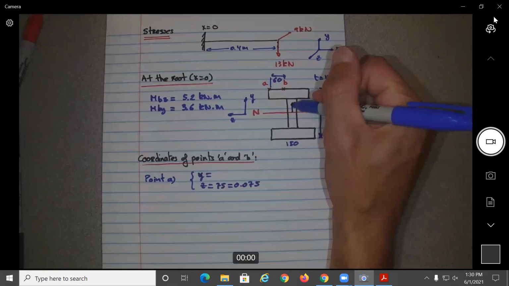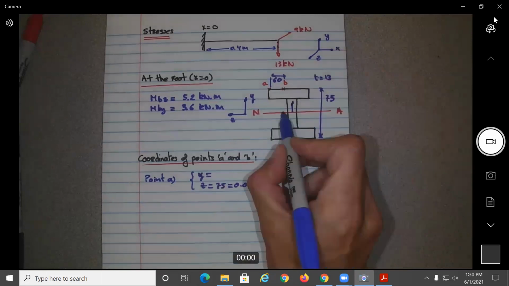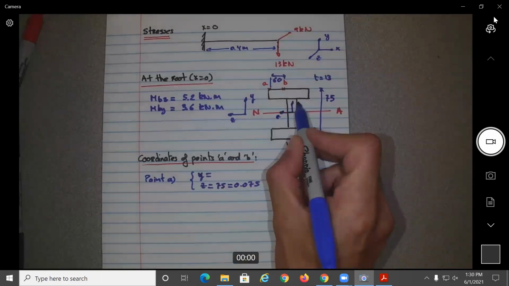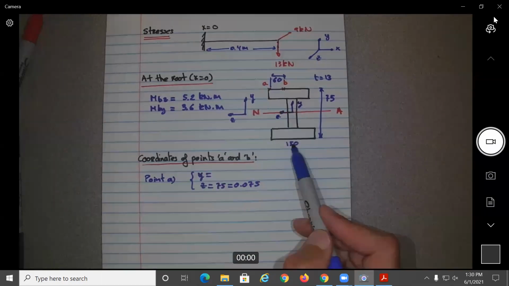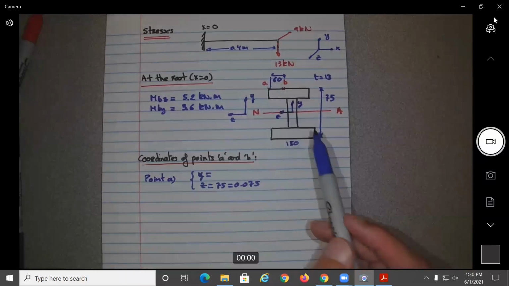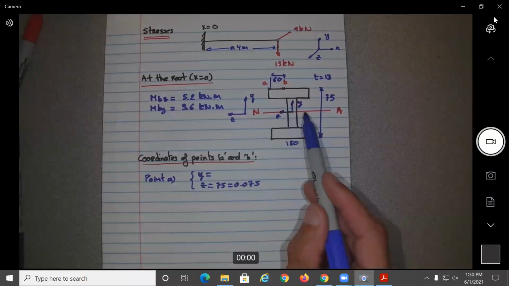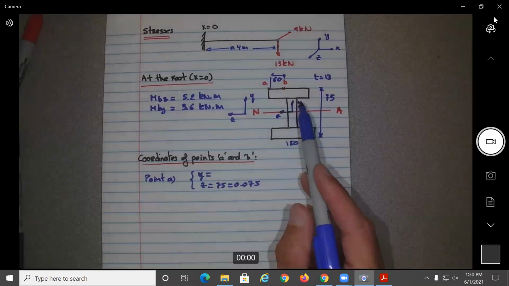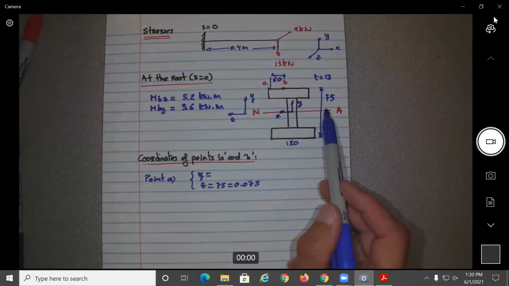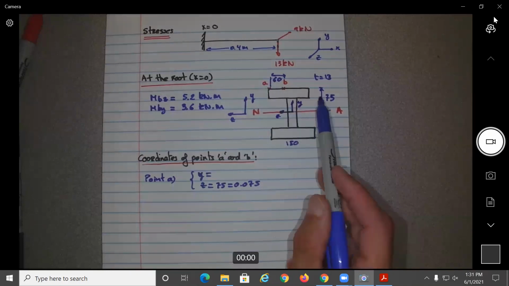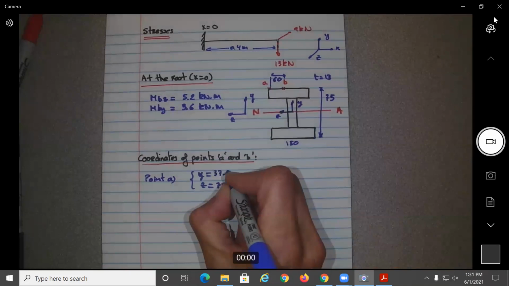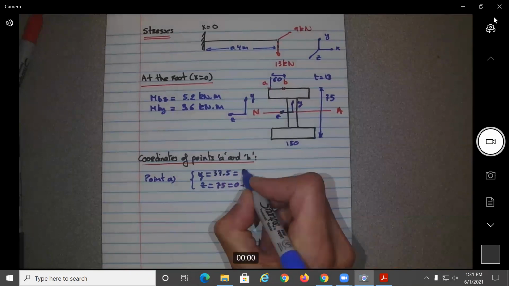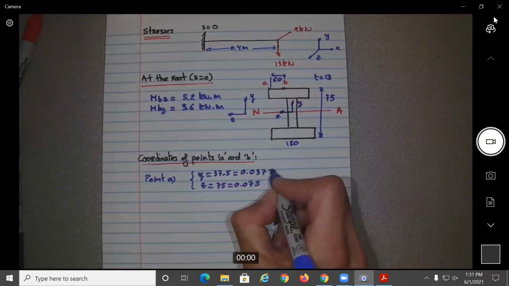This is Y. This is Z. So will be 150 divided by 2, which should be 0.075. And the Y, will be 75 divided by 2, which is 37.5 millimeters, which will be 0.0375 meters.